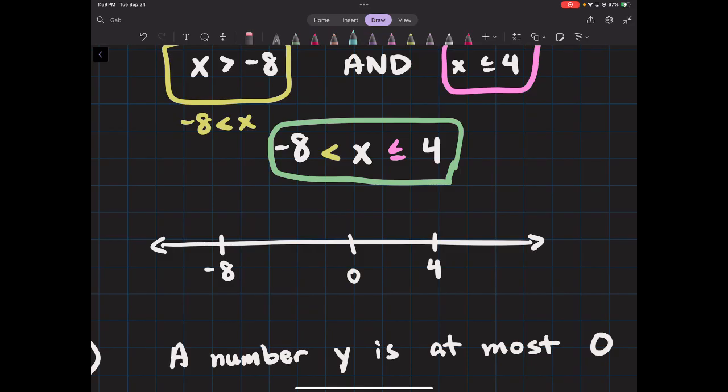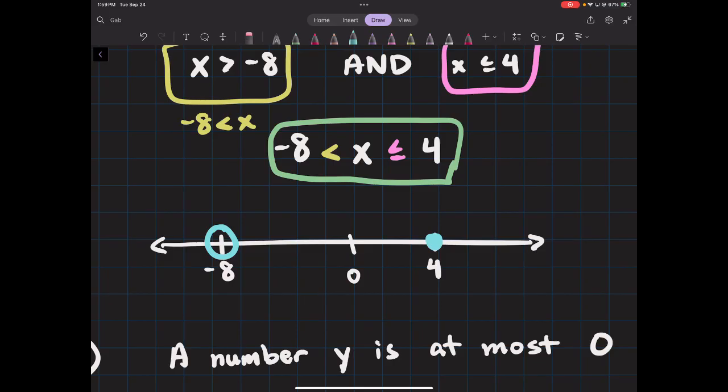For the 4, what kind of circle? Closed. For the -8, open. Then you just draw a line connecting the two. There's no arrow.